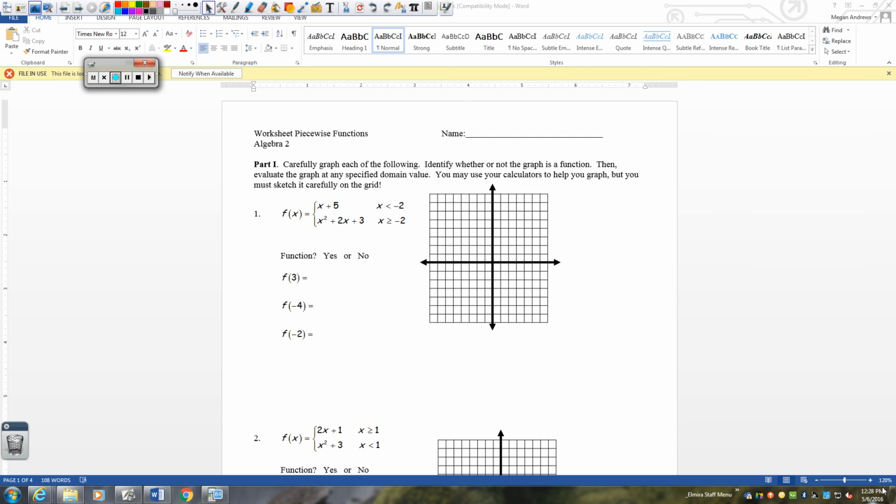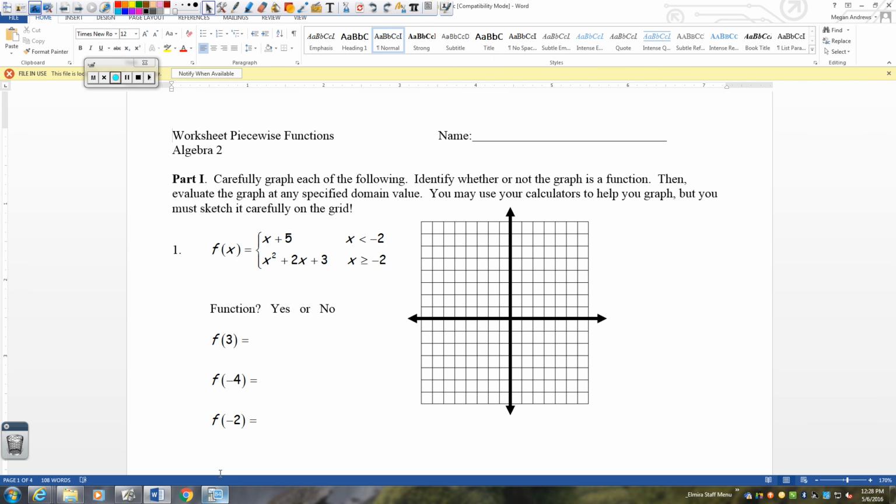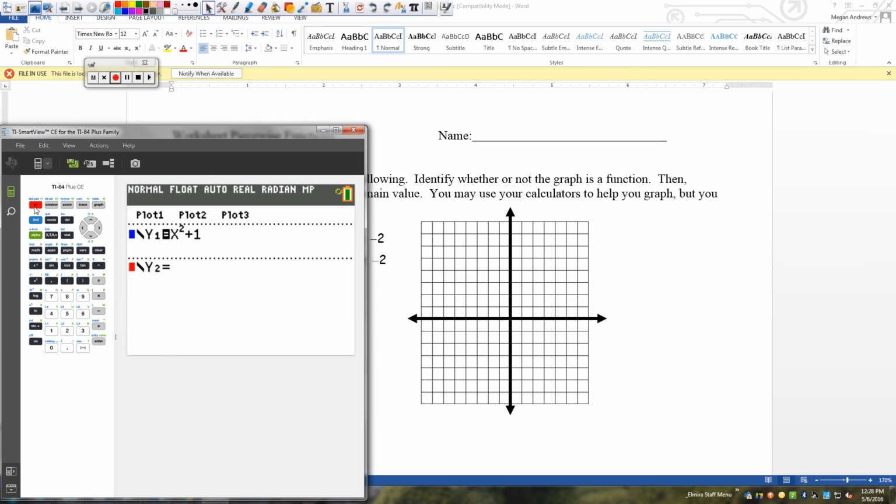Okay, so here's a problem from the homework. I'm going to blow this up a little bit. Okay, and so I have my two functions. Here's one, here's the other. And I'm going to go into my calculator. Y equals, clear out what I had.